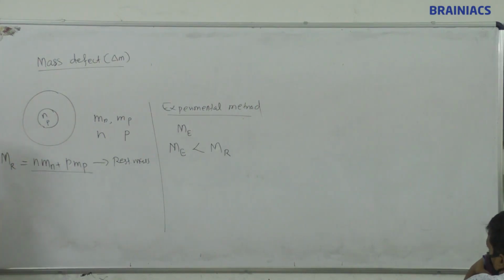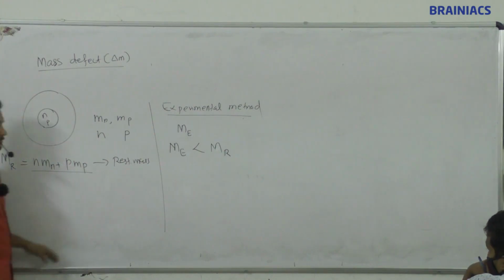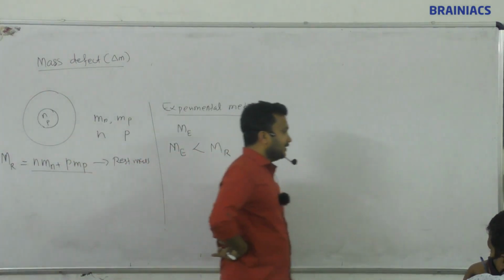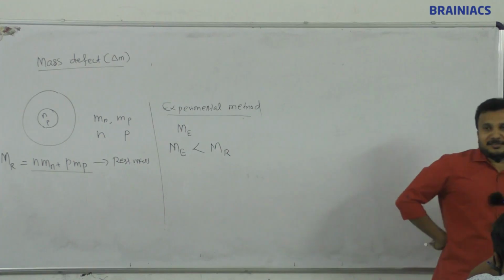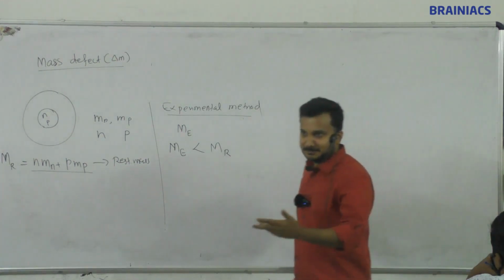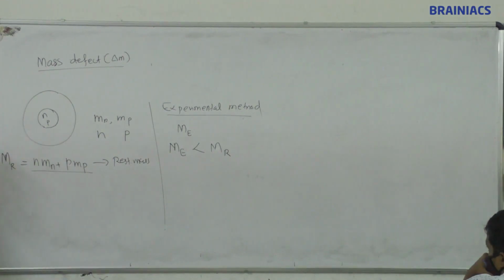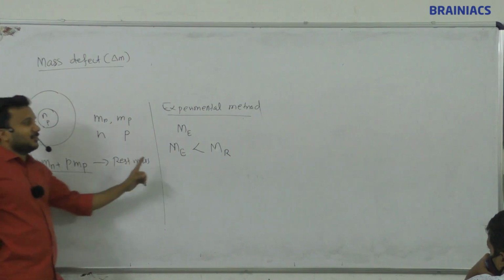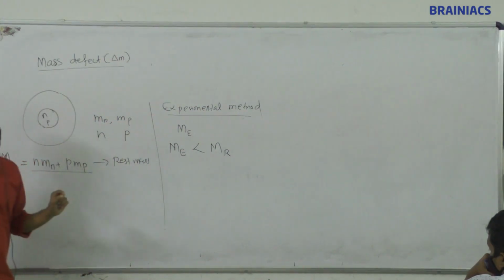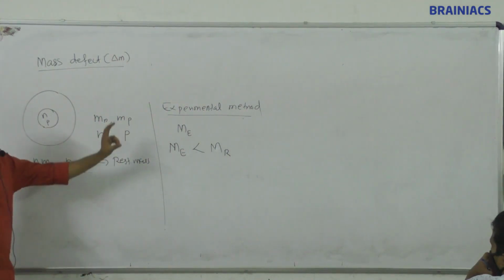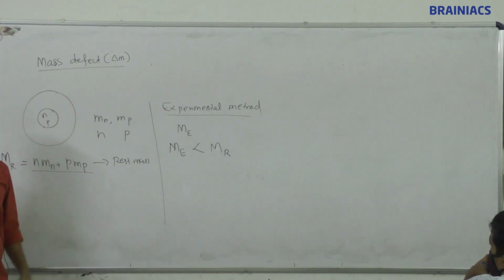It should not happen, right? Last class I told you, for a diode you draw the characteristics, and what you draw should be similar to what you are learning, else you will make it correct. The same way, why are the experimental mass and rest mass not the same? That is the question.